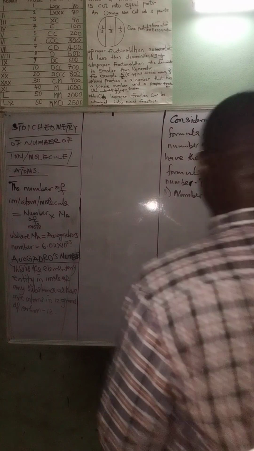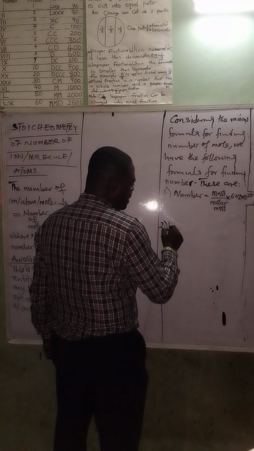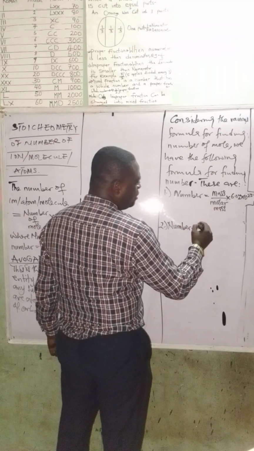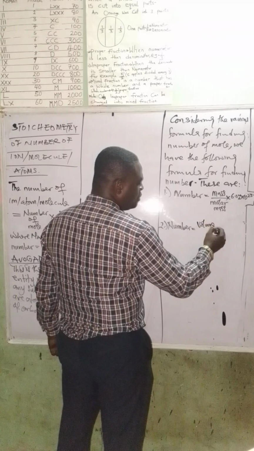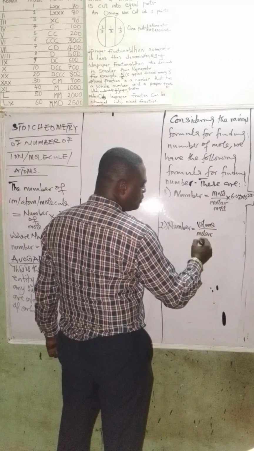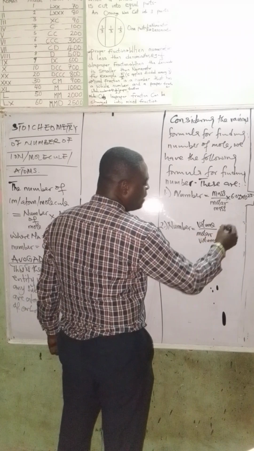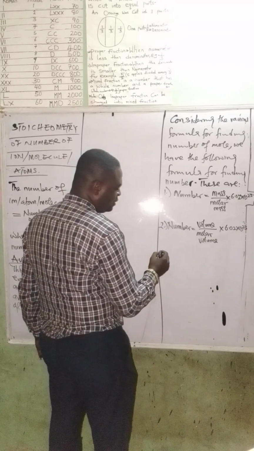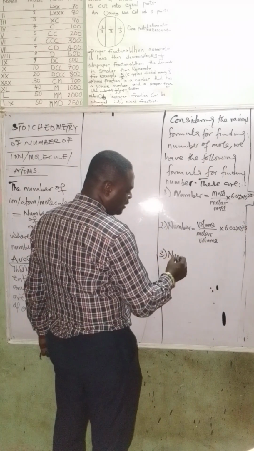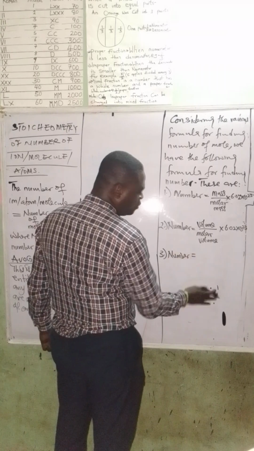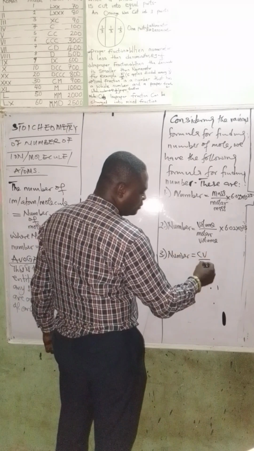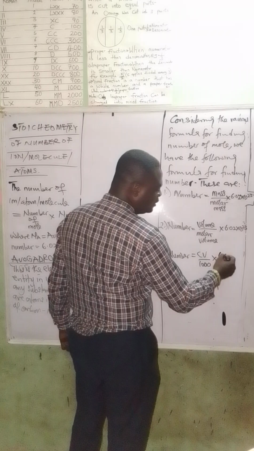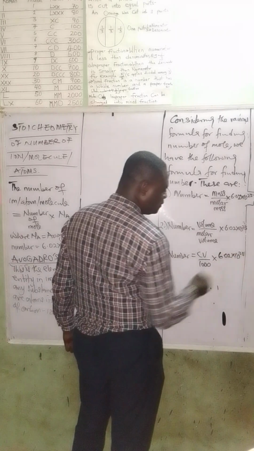Number 2: number equals, since number of mole is volume over molar volume, volume over molar volume times 6.02 times 10 to the power 23. Number 3: number is equal to CV over 1000, which is also number of mole, times 6.02 times 10 to the power 23.